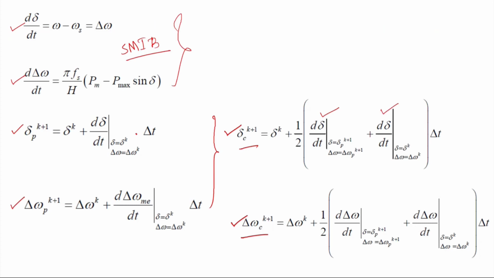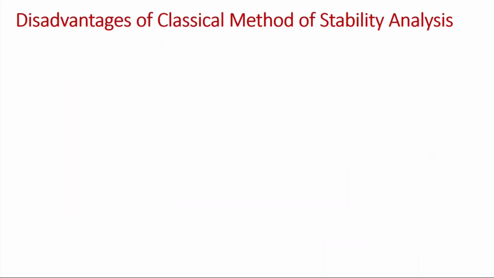Okay. So this is your Euler's method and your modified Euler method. And there are many other methods also, Runge-Kutta method, then trapezoidal method. There are many other methods we will not discuss further. It may be discussed during your transient stability analysis when it will be taught by Professor Siva Subramanian.